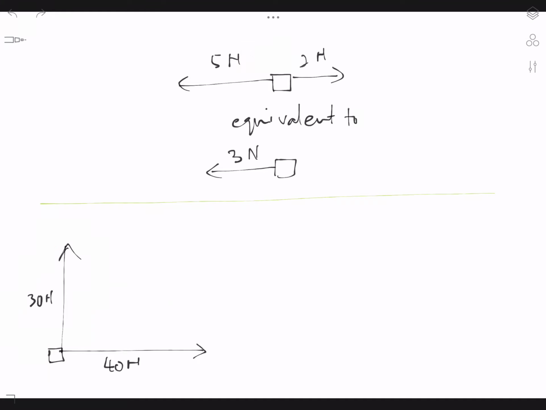You can draw another line like this, equivalent to this one. So this is also 30 Newton. Remember, you don't change the direction, you just move the force, and the magnitude is still the same, 30 Newton. And then what you need to do next is join the lines here. This is known as the resultant force.